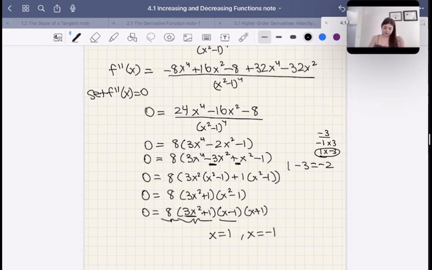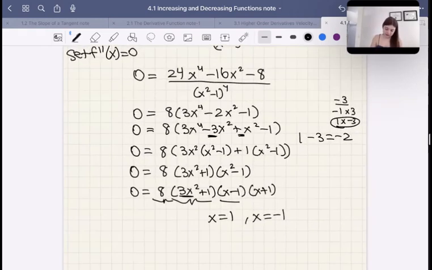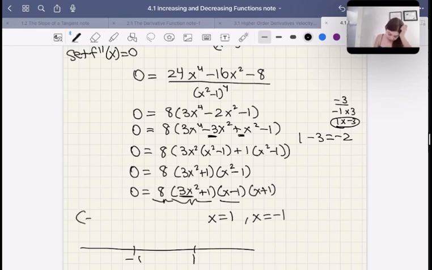Okay, so let's still go to the next step and see what we can see. Negative 1 and 1. Okay, so on this interval here, from negative infinity up to negative 1, we would have concave up, right? F double prime is going to be plus, so we have concave up, right?